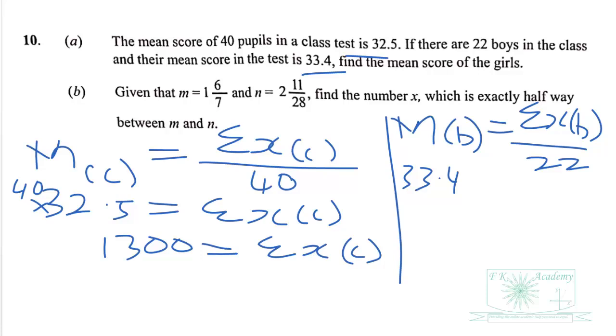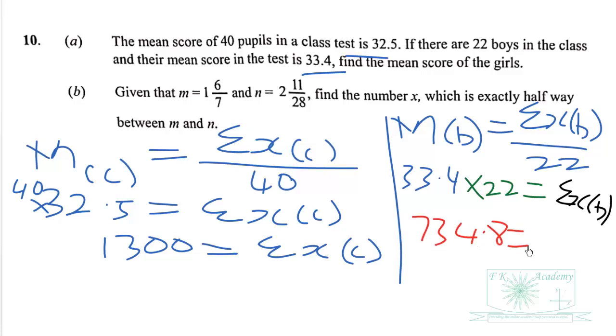The total times 22 gives us the total score, the summation. So that will give us the total score of the boys. So 33.4 times 22 will be equal to 734.8. 734.8 is equal to the total score of the boys in the class.